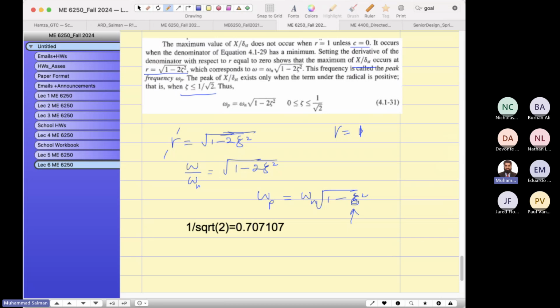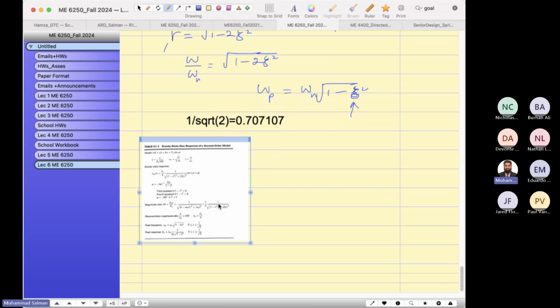I want to show you the table which you'll be using for solving some homework problems. I will be able to solve some problems today.